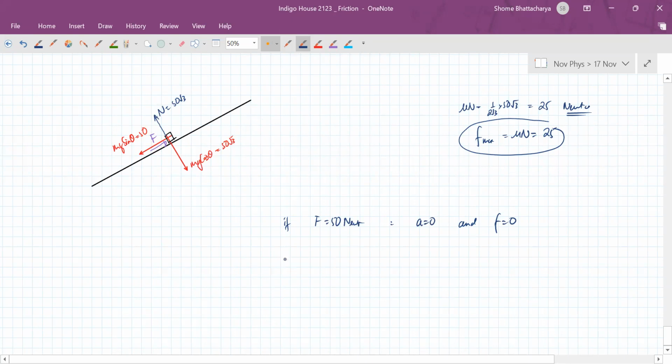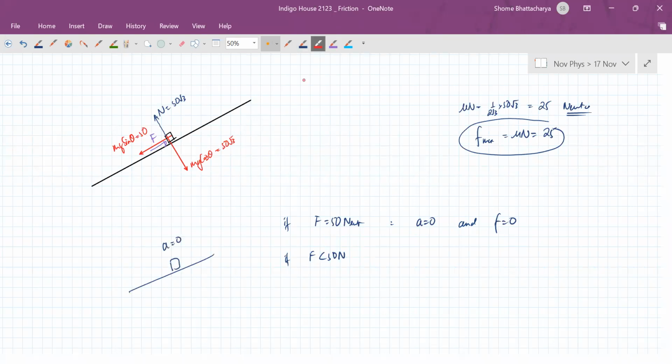If F is less than 50 newtons, it can happen that the acceleration is 0, but there should be enough friction to prevent the slipping. So we can still keep the object at rest because there is some friction available to us.